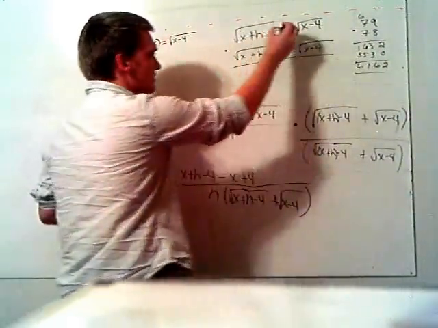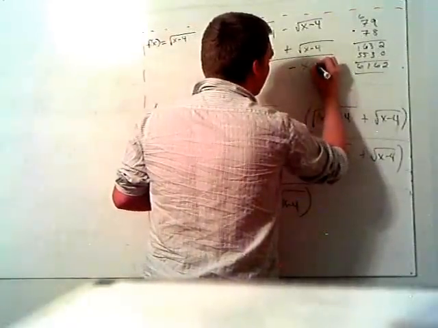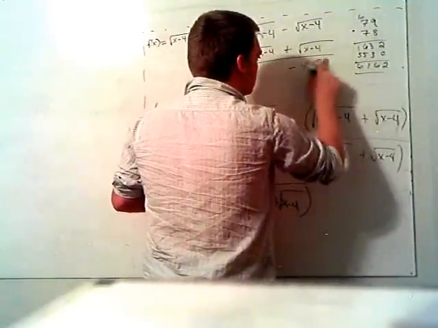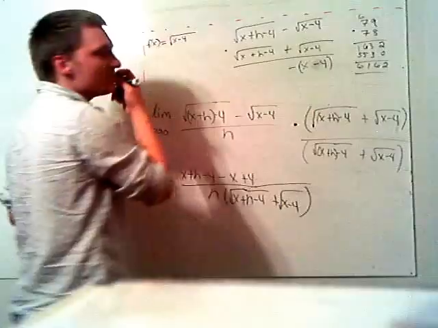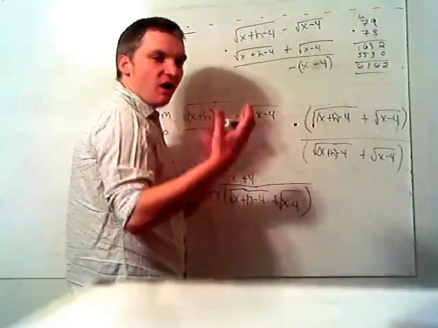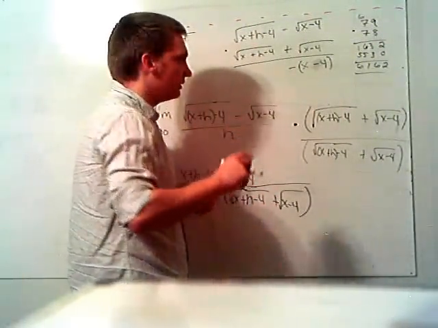So what we can do here is, this times this, we'll end up with the square root of something times the square root of something will give you something whole, or without a square root, to the 1 power.